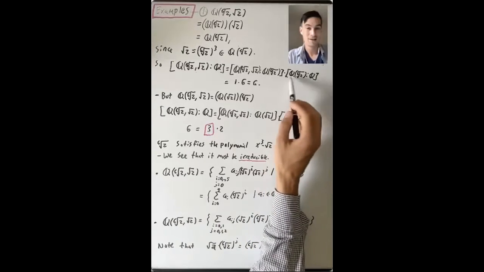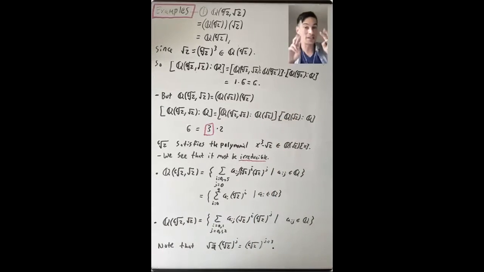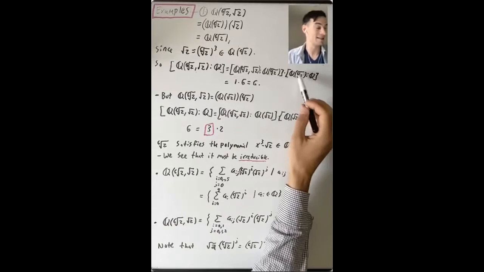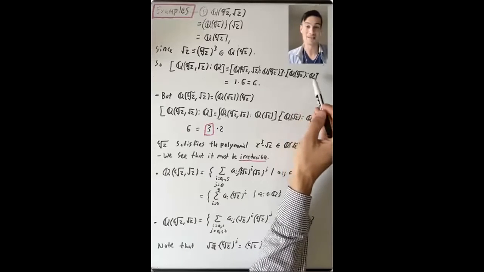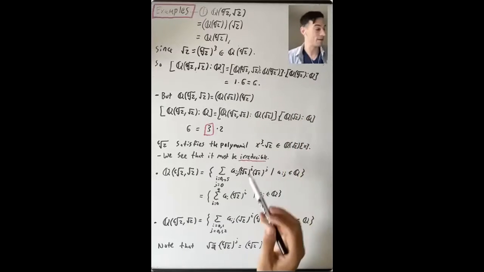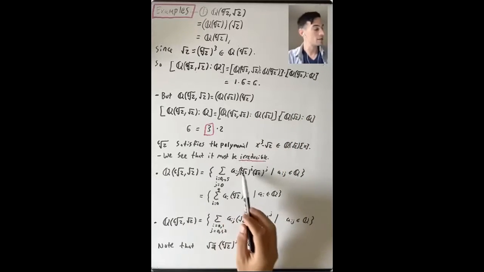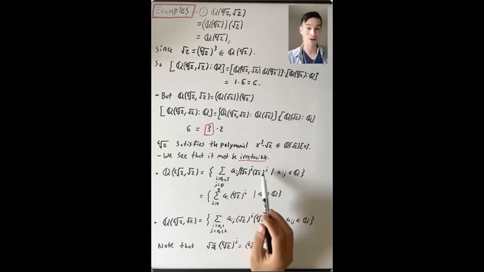And then the degree of your first element, alpha, is n minus 1, where n is the degree of this F adjoin alpha over F extension. So what we get is polynomials with coefficients in Q of degree at most 5 in sixth root of 2 and degree at most 0 in square root of 2. But okay, degree at most 0, that means you're just getting square root of 2 to the 0, just 1.